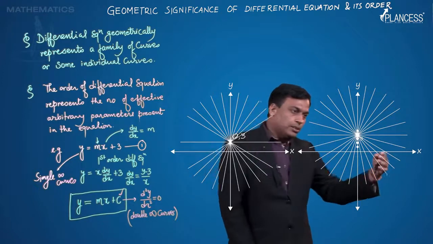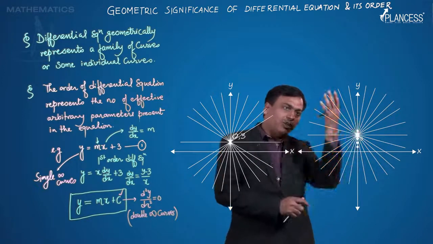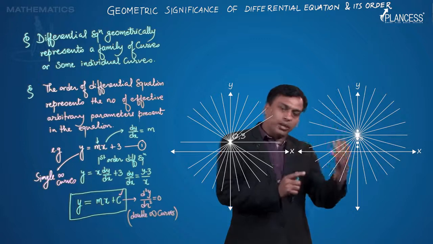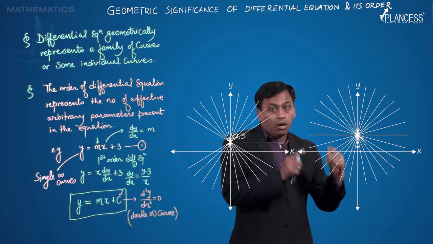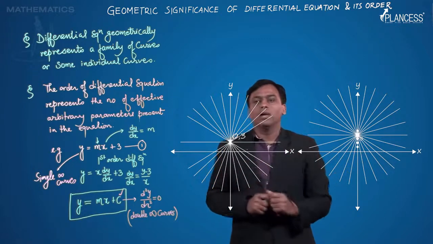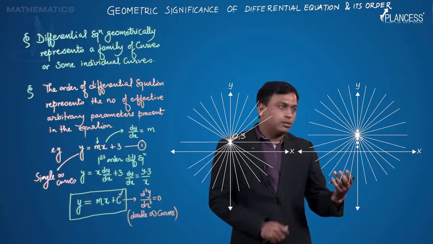Therefore this complicated pattern, which is beautifully seen on the screen, represents all possible lines that can be drawn in the xy plane. So it is a family of general lines.